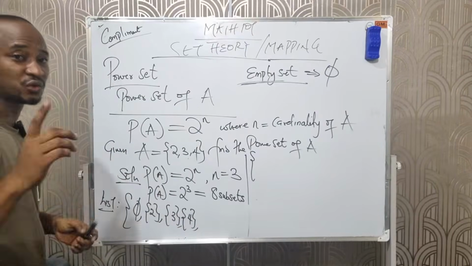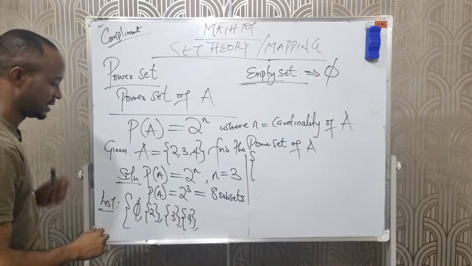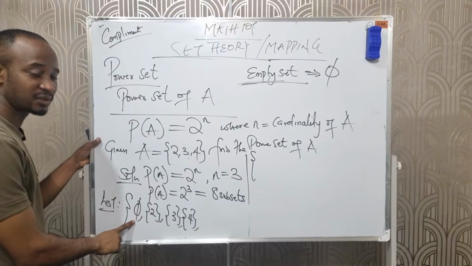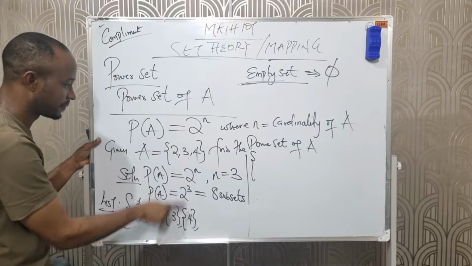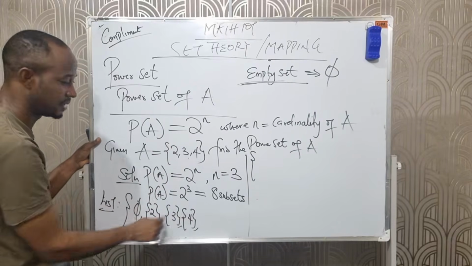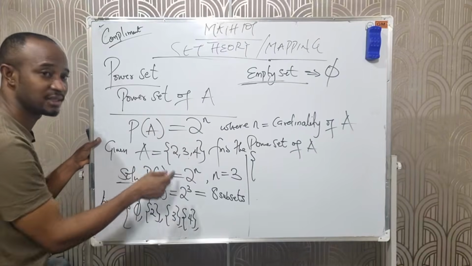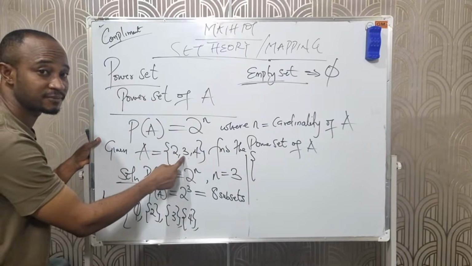The first thing we need to do is bring out all the singleton sets. We started with the empty or null set, followed by 2, then 3, then 4. After here we have exhausted all the single sets. We'll now proceed to two-element sets.